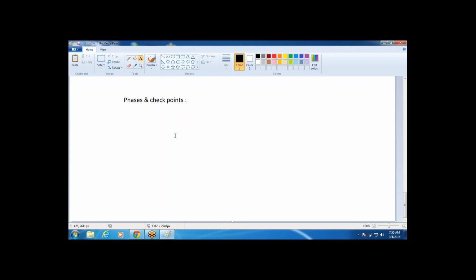Whenever you are using an input file or an output file as a lookup file: with an input file, on the same phase we can use it as a lookup, but if you are using an output file, the file has to be created first, and only then can you do lookups on it. So in such a case, the phase has to be broken.